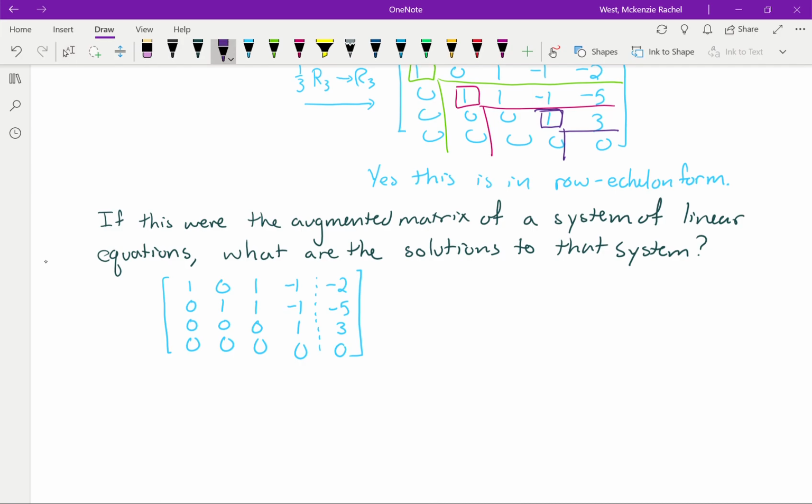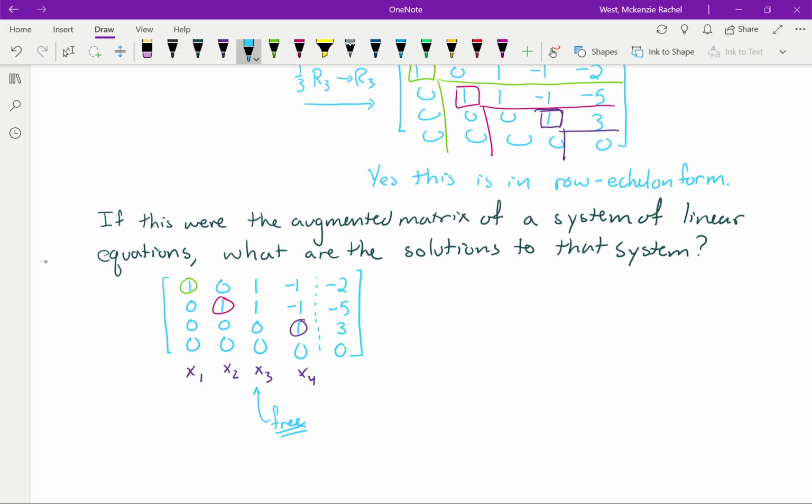Then we can even make notes for ourselves that our first column was x1, second x2, x3, and x4. Right? And if we again circle our leading ones, we notice that there's a leading one in the first, second, and fourth columns. So those variables are going to be our leading variables. And in fact, this x3 variable is going to be free, right? So this is how we can quickly identify what our free variables are. They're in the locations without a leading one.